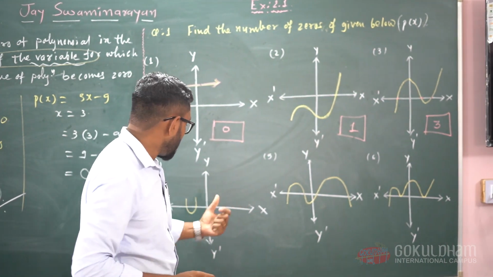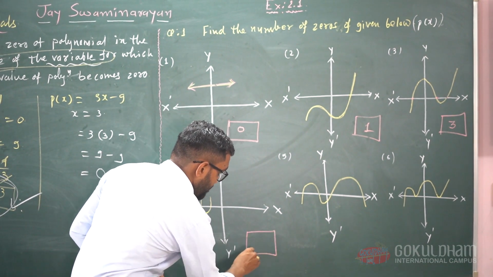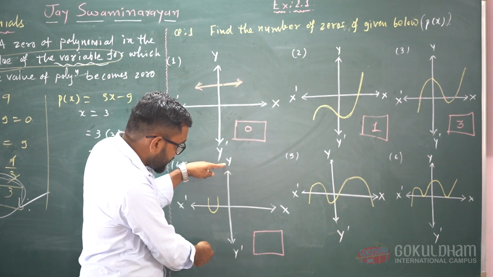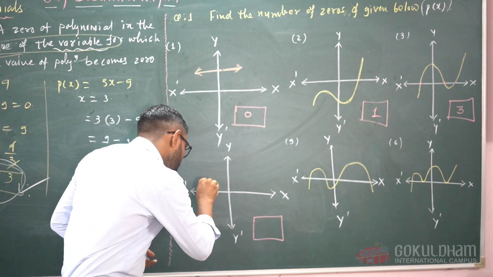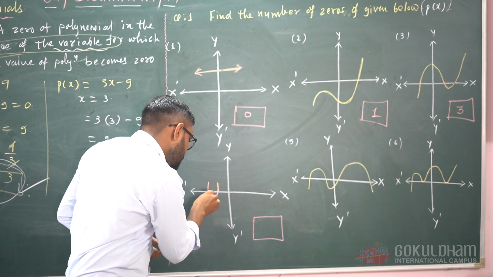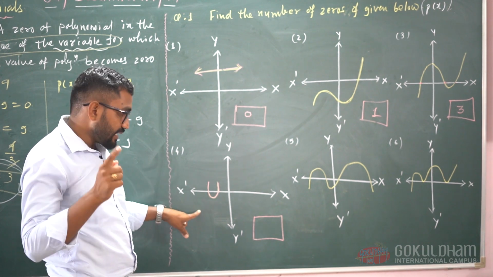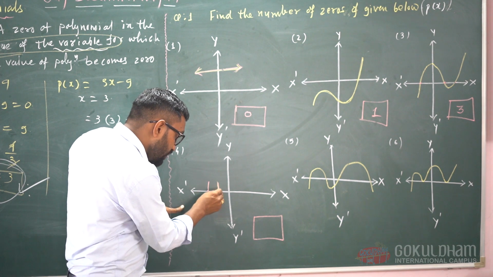Now question number 4. This is the x axis, y axis. Now look at the graph here. How many places does the graph intersect the x axis? Here 2 places, 1 and 2.